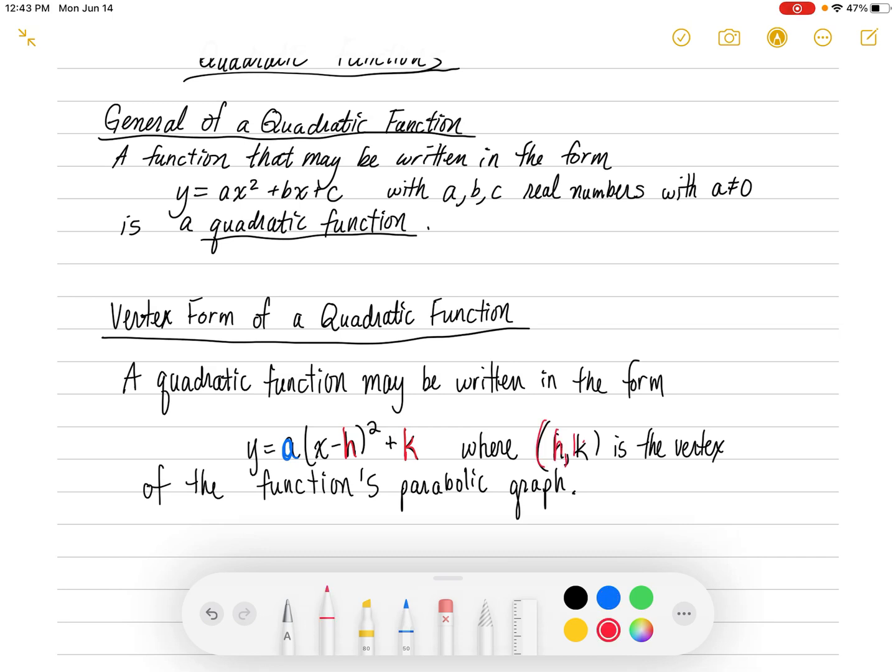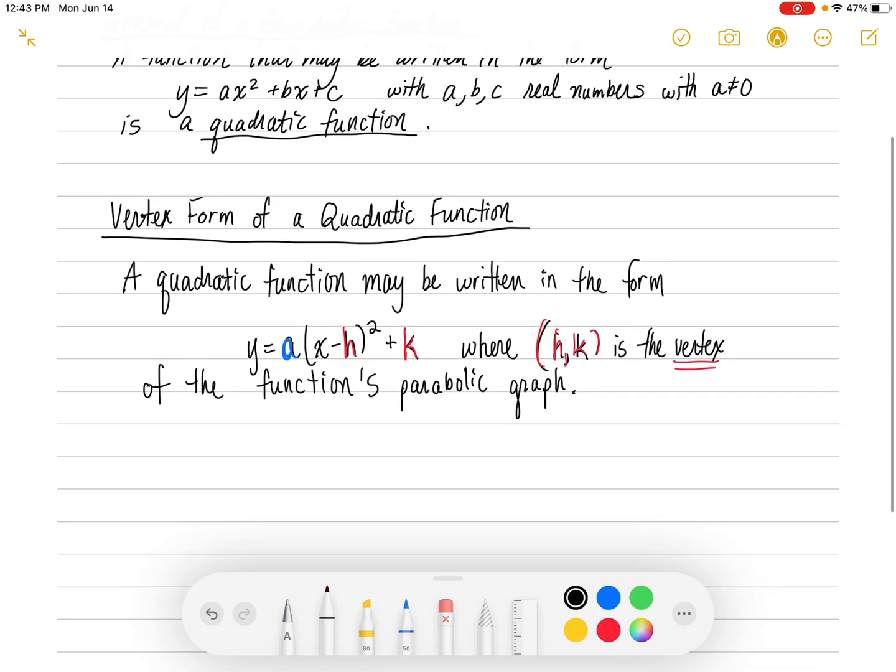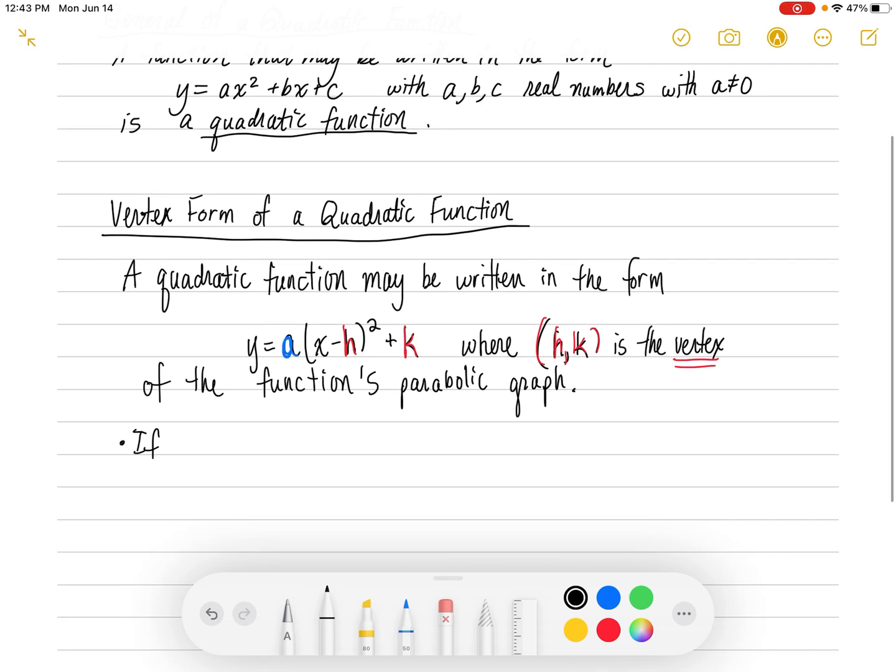If a is a positive number smaller than 1, it's going to be a vertical compression. So h, k is the vertex of the function's parabolic graph, and a tells you your stretch or compression factor and also the direction it's opening.